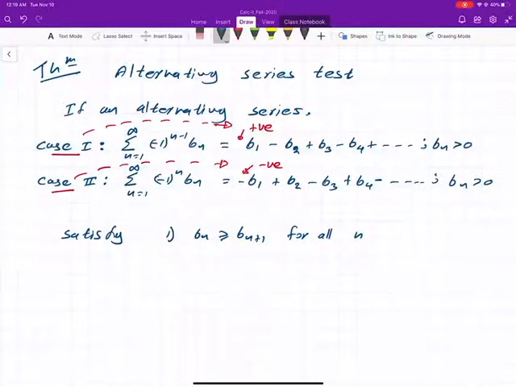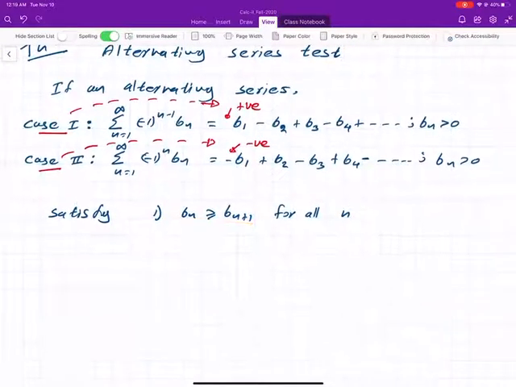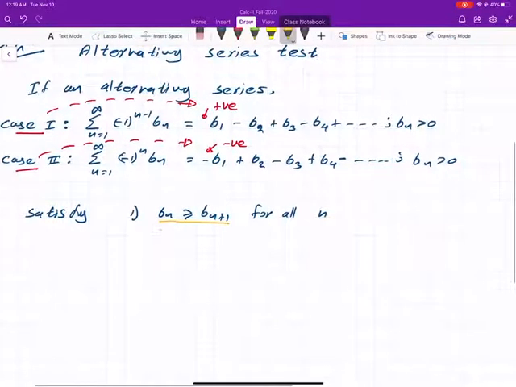What is the meaning of this? bn should be greater than or equal to bn plus 1. That is, this is a decreasing sequence.